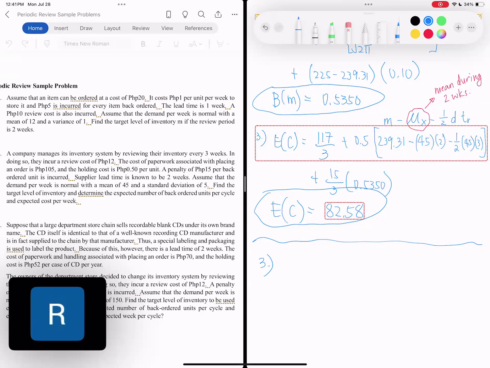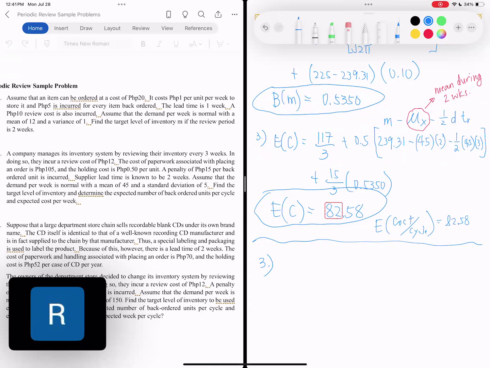Okay. So if I ask you for expected cost per cycle, that will just be equal to your 82.58.